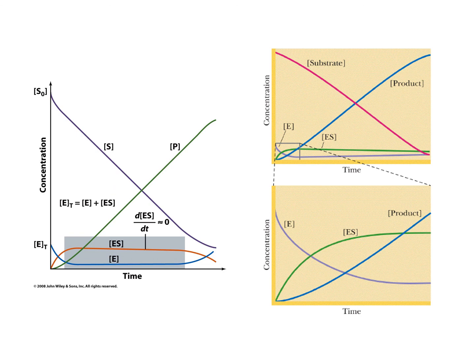So when you focus on this smaller region, the initial stage of the reaction, there's going to be the total enzyme that is unbound, and then quickly the substrate will bind to form the ES, which makes the unbound enzyme concentration go down, as opposed to the ES complex going up rapidly.